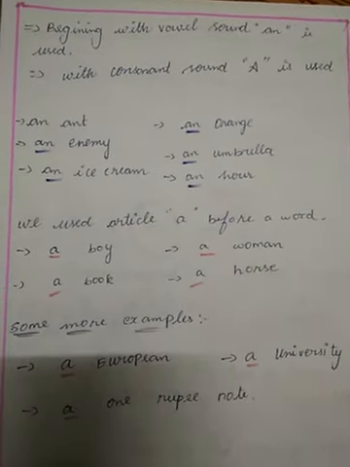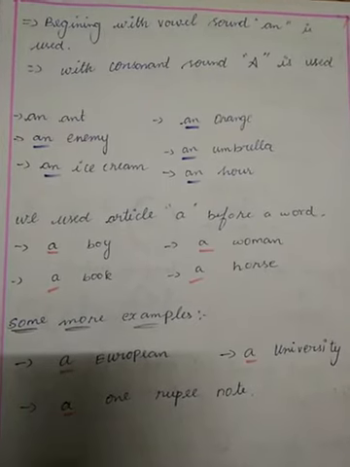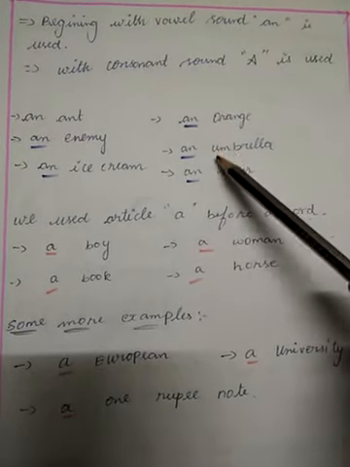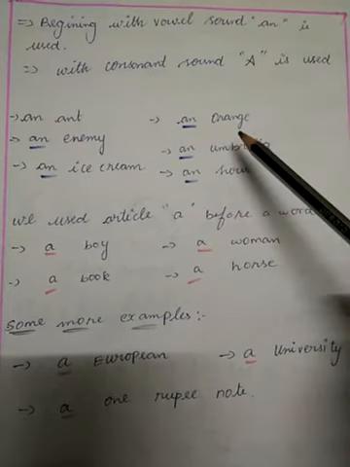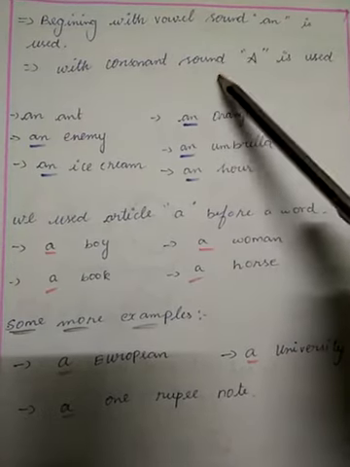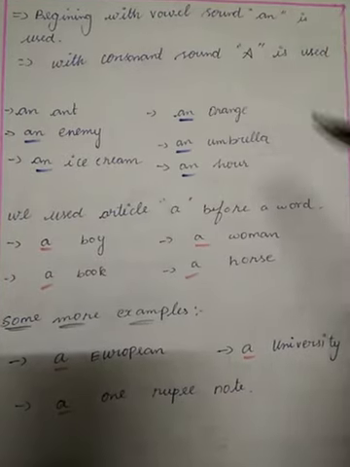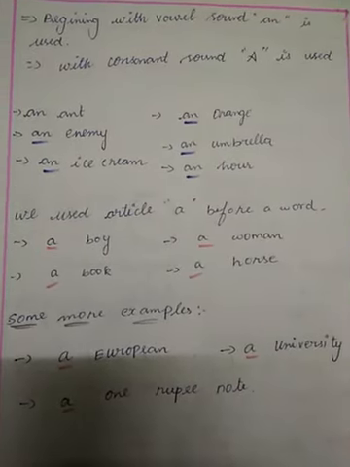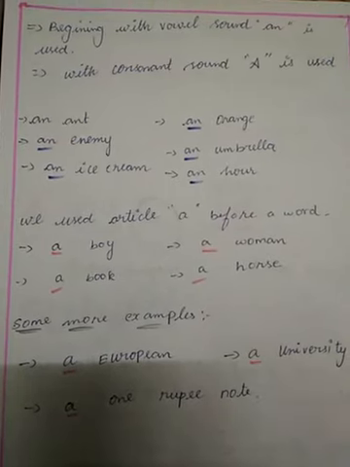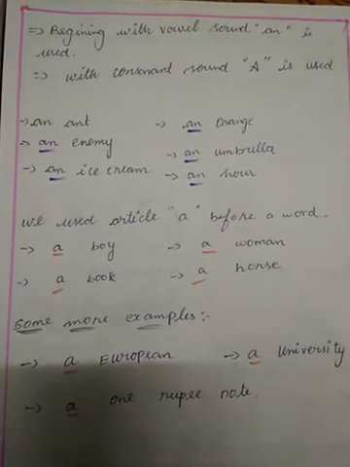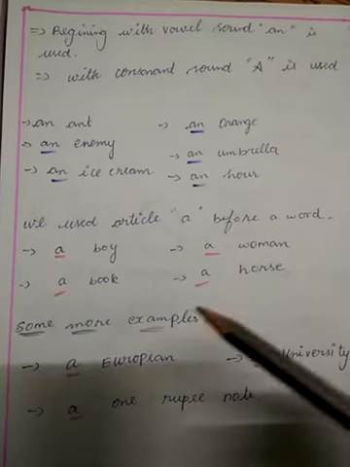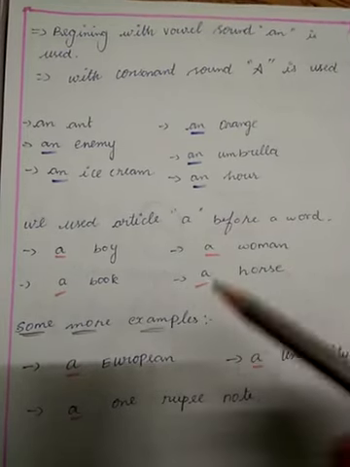So if a word begins with a vowel sound, an is used. If the word begins with a consonant sound, a is used. Okay, so please note this. We have to check the vowel sound and consonant sound.